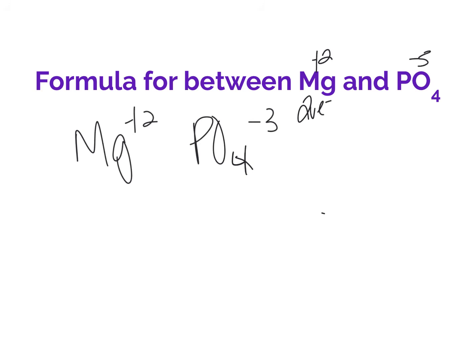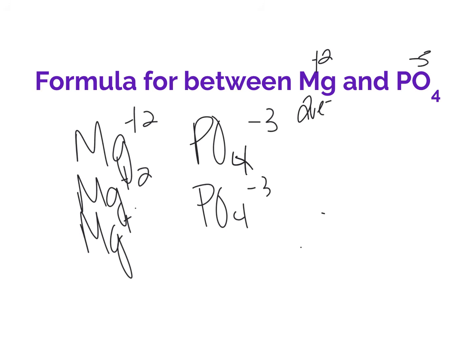Now, anytime we have this 2-3 split, we're going to get it to 6. So that means adding another PO4 and adding 2 more of the Mgs. So we have a +6 and a -6, and we've balanced out the charges.